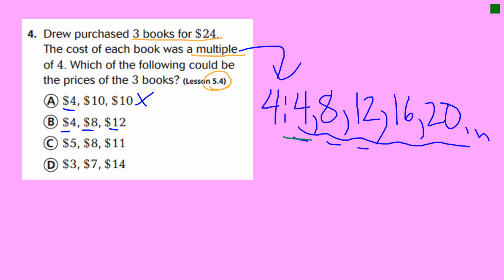No, not 5. 8, yeah. Not 11. D. 3, 7, 14. None of the above on that one. Okay? So the multiples of 4 are right here in B. 4, 8, 12.